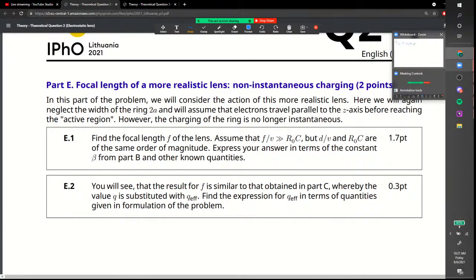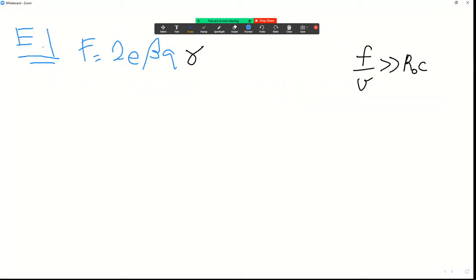F over v is much greater than r naught c. So I guess that means that when the electron is charging, it doesn't really change in its position. So r would be constant at that point of time because of f over v much greater than r naught c.